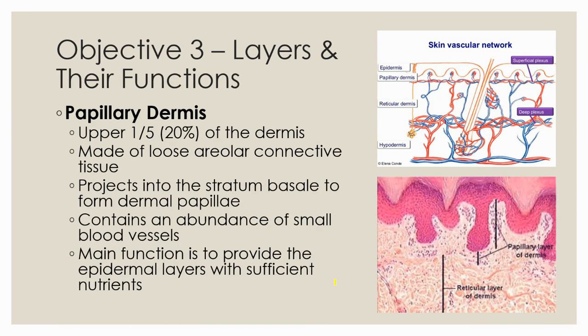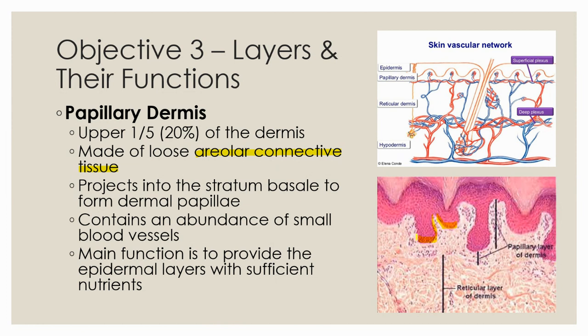The papillary dermis is the most superficial layer of the dermis. It's about 20%, and it's made of areolar connective tissue, which is a loose fibrous tissue. It's not super compact, and you're going to find this in these little projections called dermal papillae. You can see here that they're like little finger-like projections, and it has to do with the connections between the epidermis and the dermis.